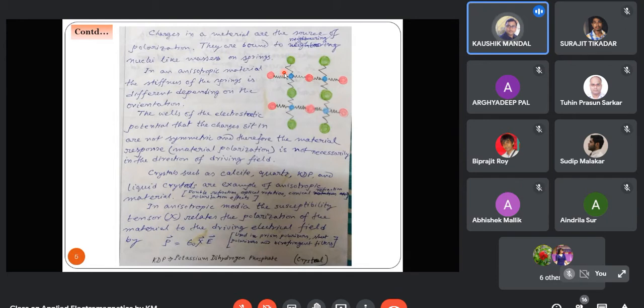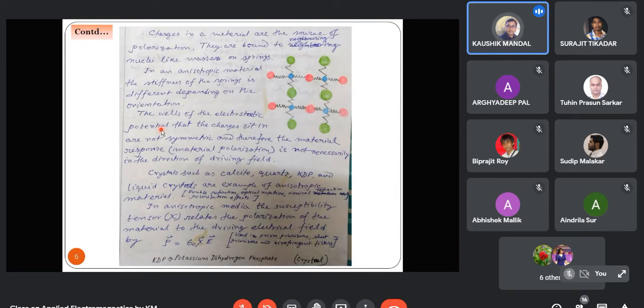Whereas in anisotropic material, the strength of these springs is not equal. Due to this unequal strength of the springs, the electrostatic potential will not be symmetric in nature or structure.